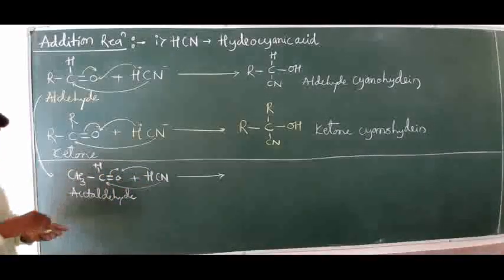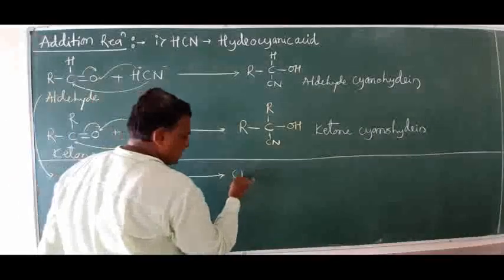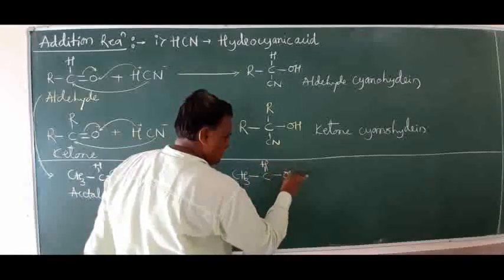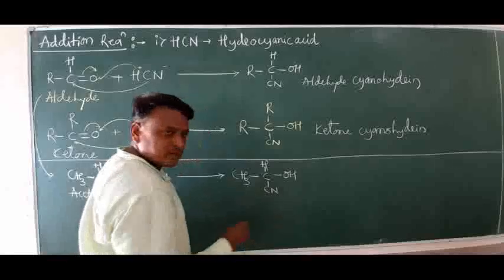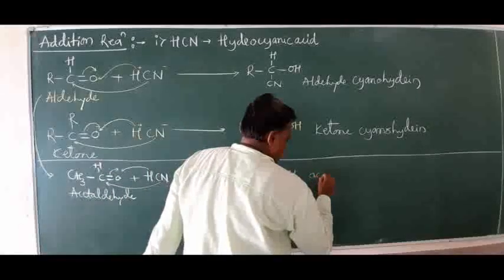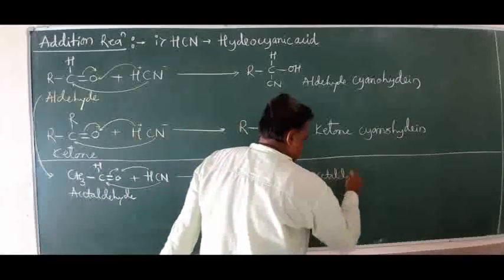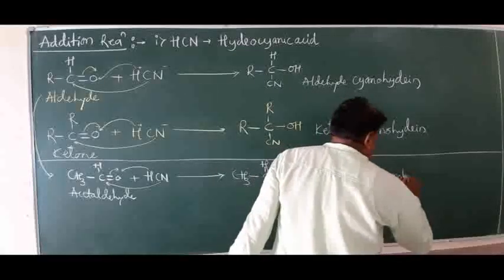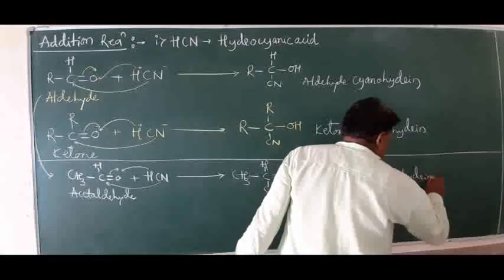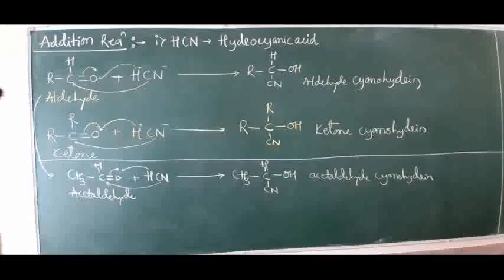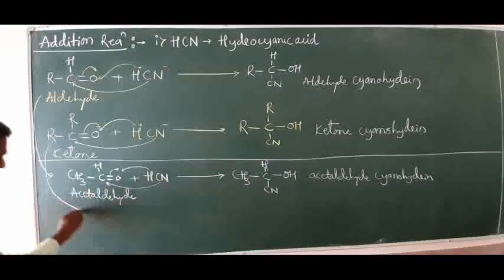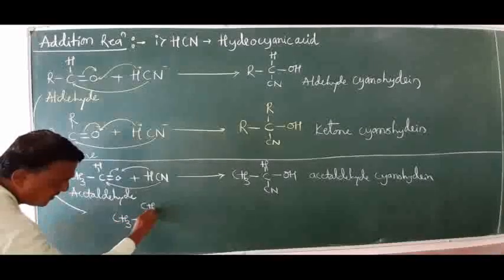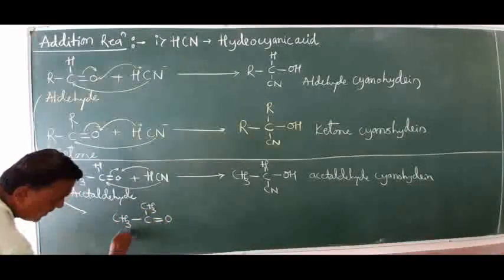When acetaldehyde reacts with HCN, direct addition, I think all of you can easily write the answer: CH3 CH, this is OH and this is your CN. Can you give the name? Acetaldehyde cyanohydrin. Similarly for the ketone, CH3, CH3, double bond O, acetone.